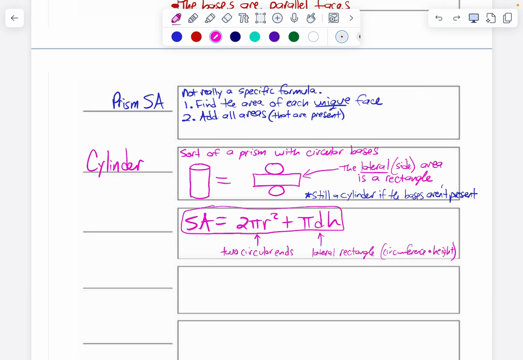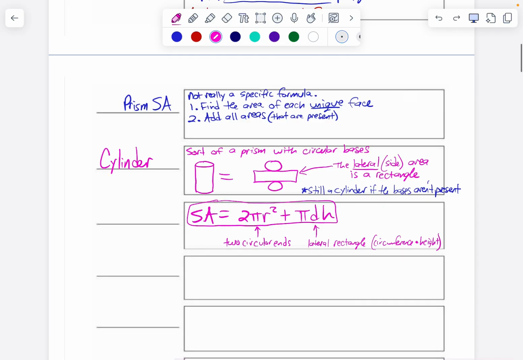Like one of those Homer buckets from Home Depot. You can buy lids, but a lot of times you just have the bucket with no lid. Okay? So it has a base but not a top. So we would modify that to just say pi r squared, just 1, plus pi dh. Okay. Of course, we're always going to have the pi dh. We wouldn't have a cylinder if we didn't have that part, so you won't ever take that part off.